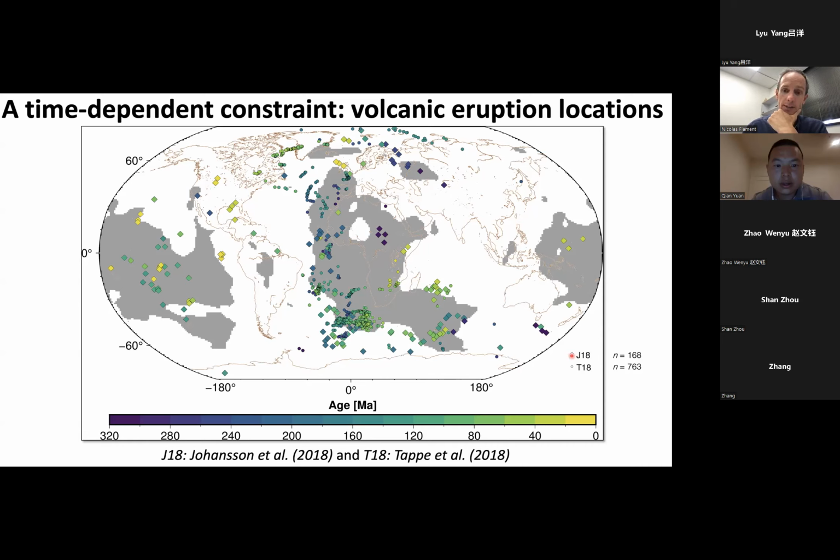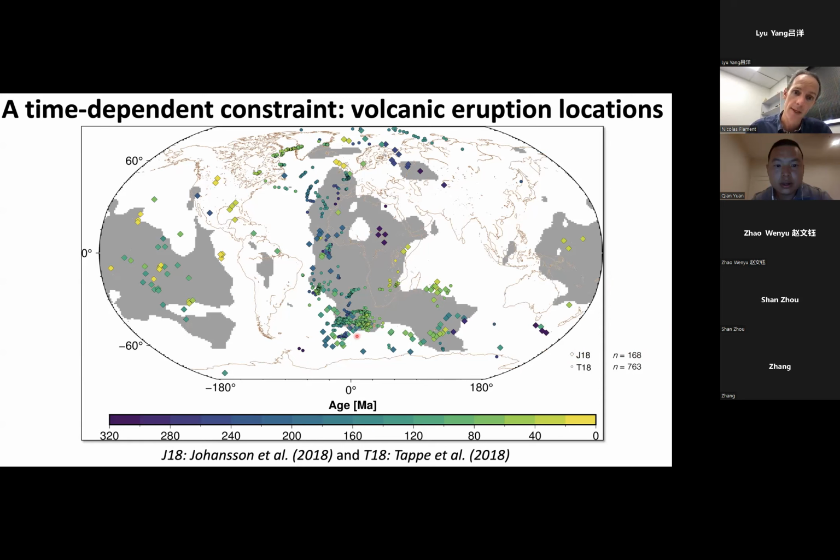I have as diamonds, I'm showing the large igneous provinces from Johansson and others in 2018. They're colored by age, so colder colors are older. And there's 168 of them because there's the plume heads, so the LIPs per se, but there's also the plume tails in this one. So if you think Hawaii-Emperor seamounts, they are part of this data set.